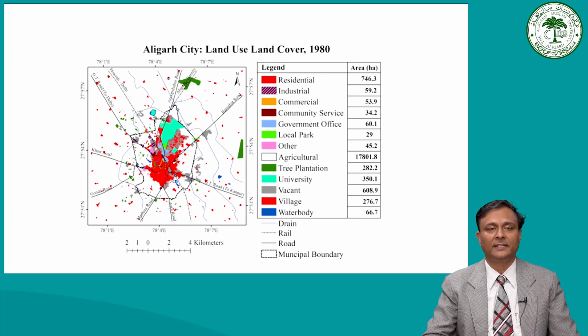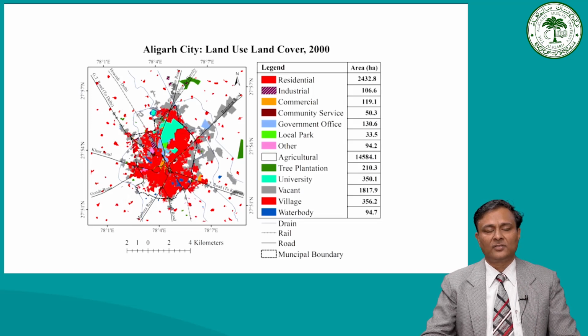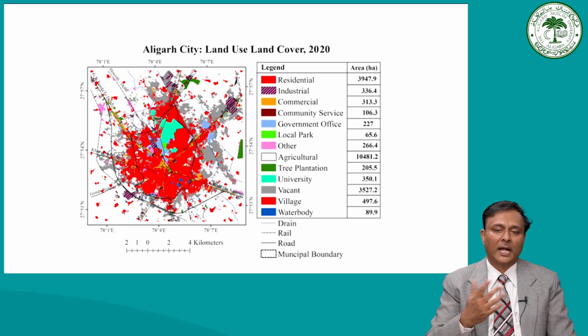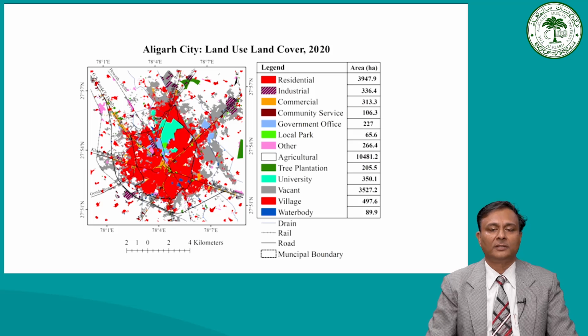So this is 1980. Now you see carefully the changes. This is 2000 and this is 2020. Now I'll pose one question to you. What is your observation on these spatial representations? Can you find any specific pattern or trend that you need to look into?